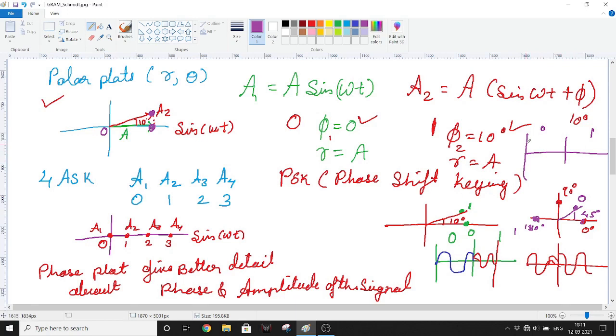So it is at 45 degrees, it starts here, and it is 180 degrees, it starts here. Got it? So that is how the entire PSK is represented.